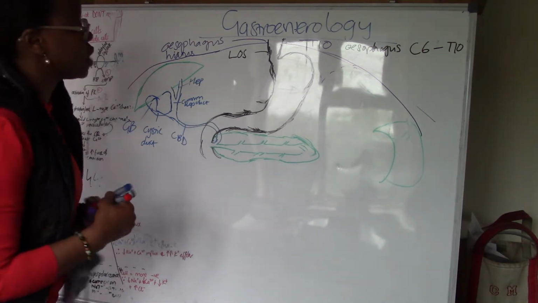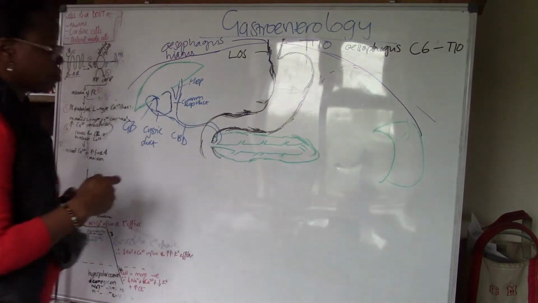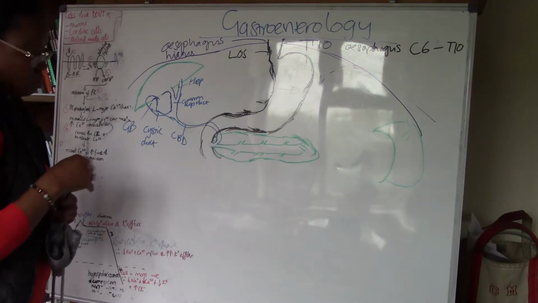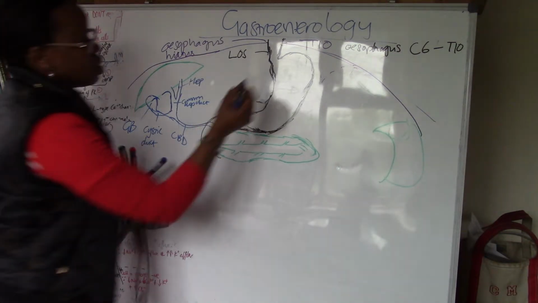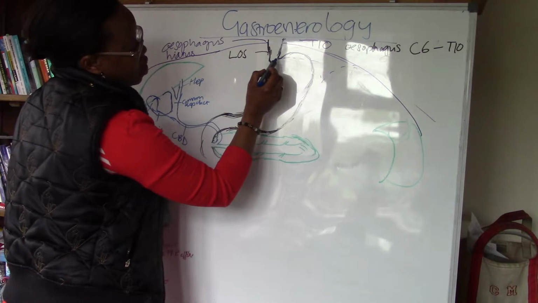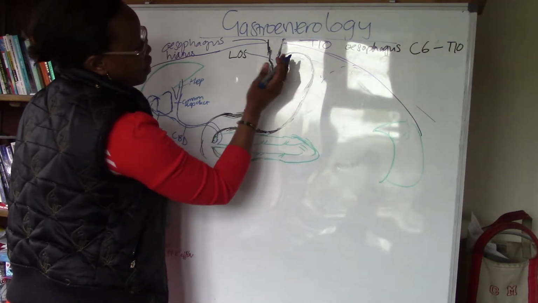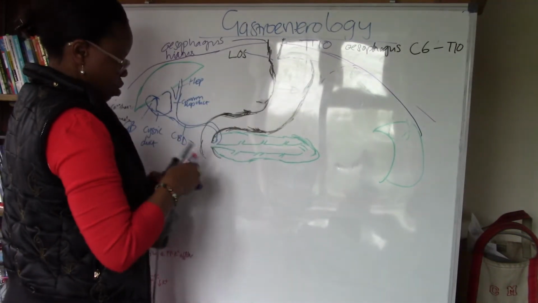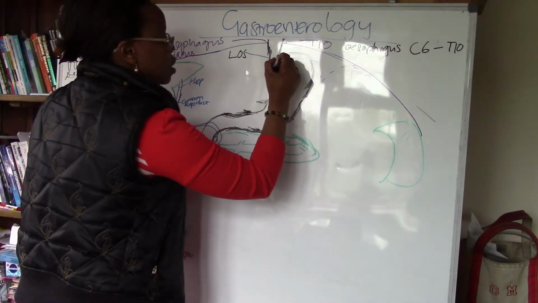So the stomach really has a fundus, which is just this region there. It's really where the lower esophageal sphincter is, or the region of the stomach that lies above the sphincter.